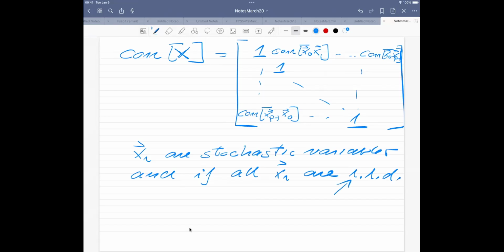So think of you having a stochastic event, all the stochastic events which you have are generated by the same Gaussian distribution. Now, if that is the case, then the correlation matrix elements, or the covariance matrix elements, the non-diagonal ones, are exactly equal to 0. So that's a very important feature of stochastic data. So this is independent.